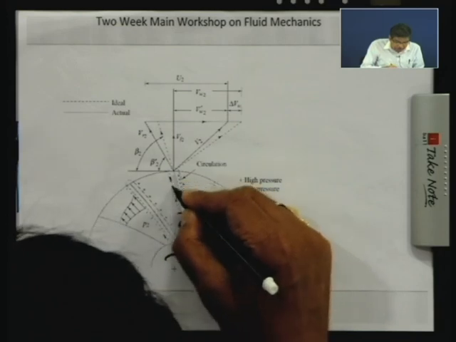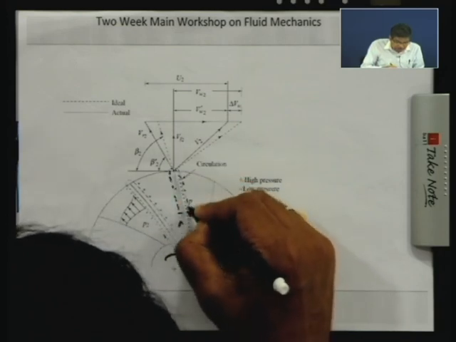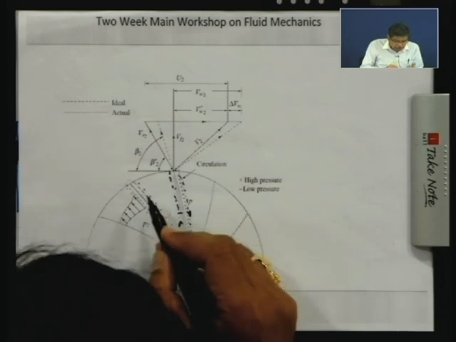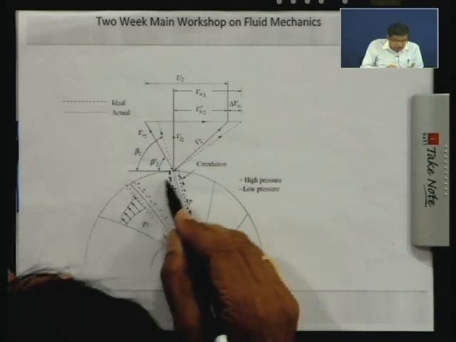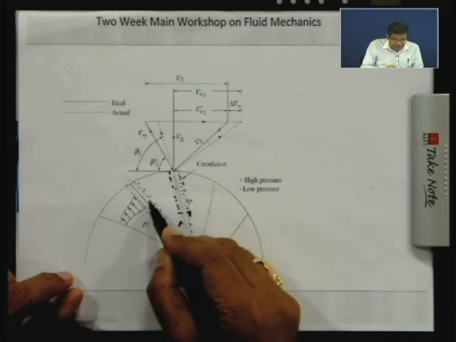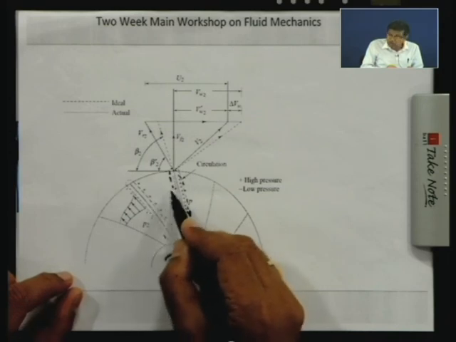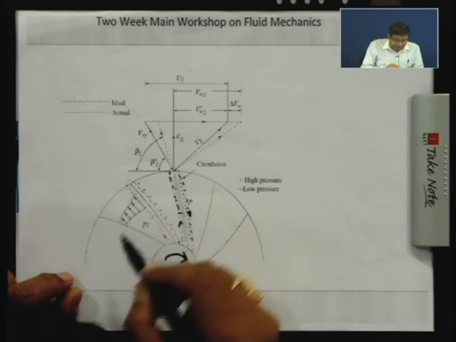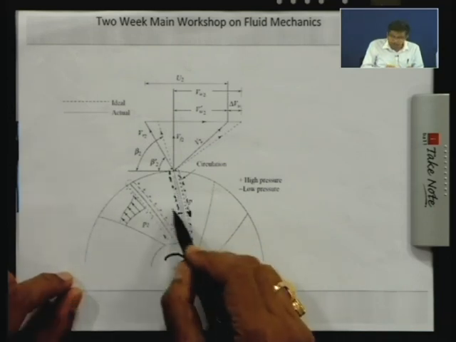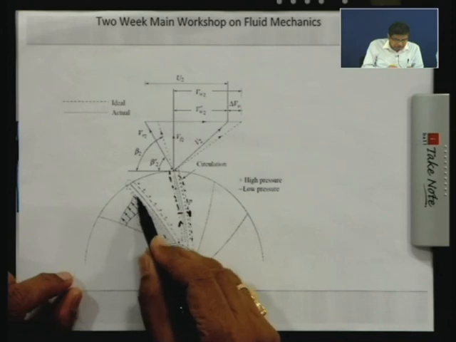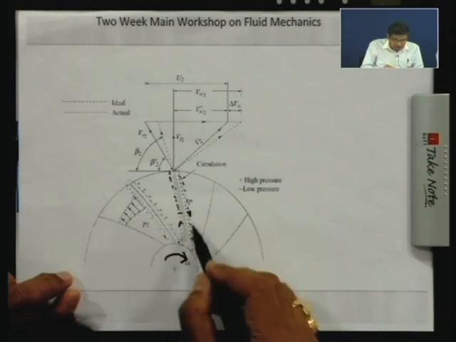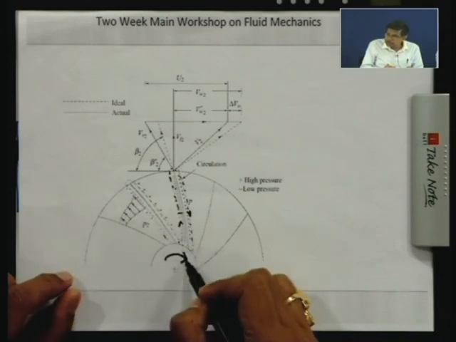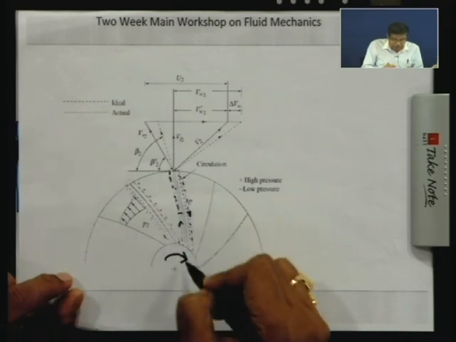A circulation takes place which makes the distribution of velocity in the passage very much non-uniform. So, the velocity in this passage is not exactly uniform, but the non-uniformity to a great degree is caused by this phenomenon, and the velocity distribution becomes like that. This phenomenon is known as slip, because of which there is a circulation around a blade.